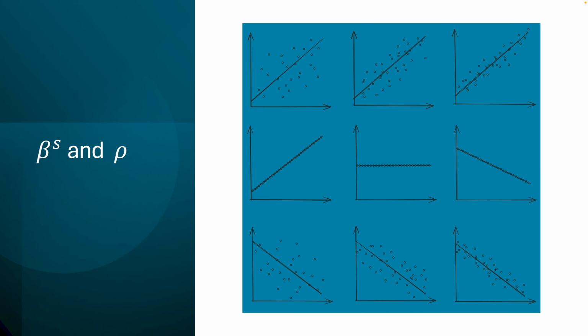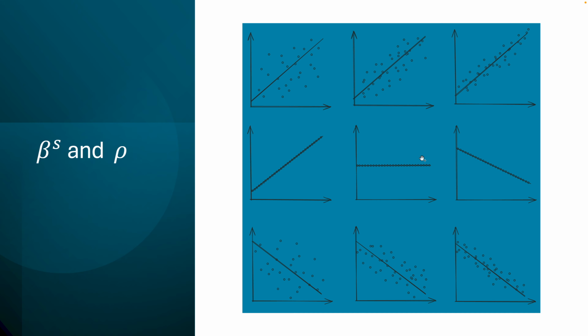Let's look at a few examples of betas and rhos. We notice here that the beta in each of these three cases is the same, but the rho is different. Similarly, here is a case of perfect rho.